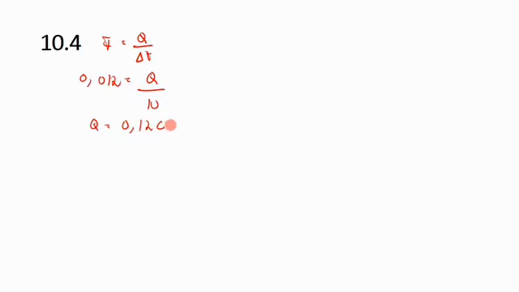Then to calculate the number of photons that were produced, we need to make use of the formula N is equal to Q over E. You will remember this formula from grade 10, especially when we were dealing with electrostatics. This is the formula we use to calculate the number of electrons. Why are we using this formula?